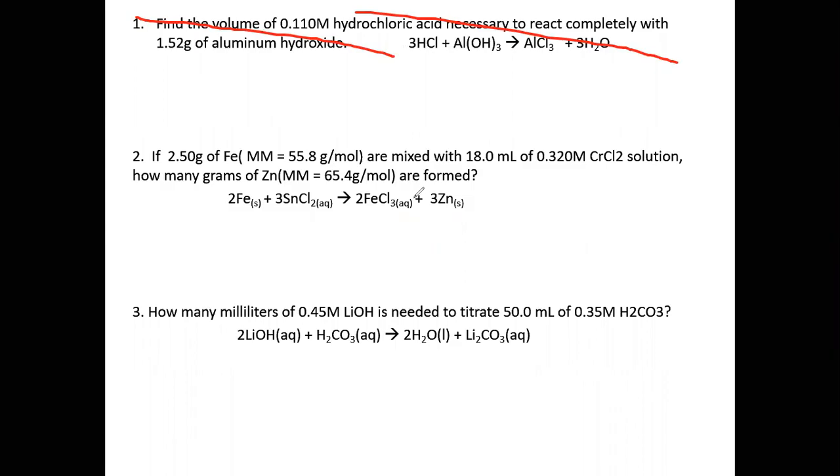Here we have 2.5 grams of iron mixed with 18 milliliters of a 0.32 molar solution of chromium. Let me fix some typos here. This should be zinc. That's what happens when you copy and paste.